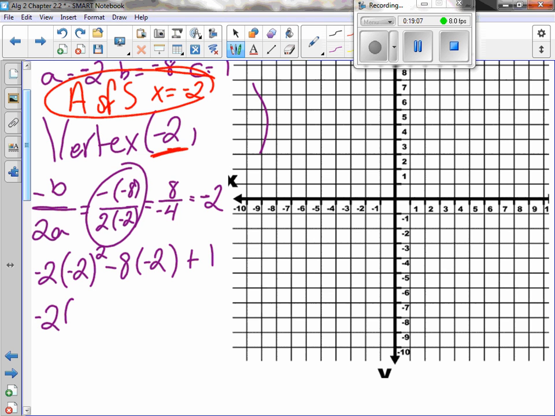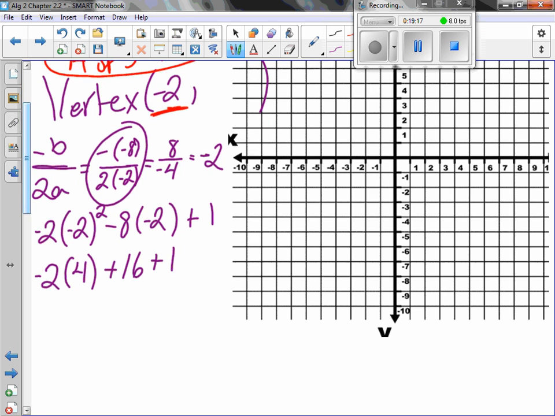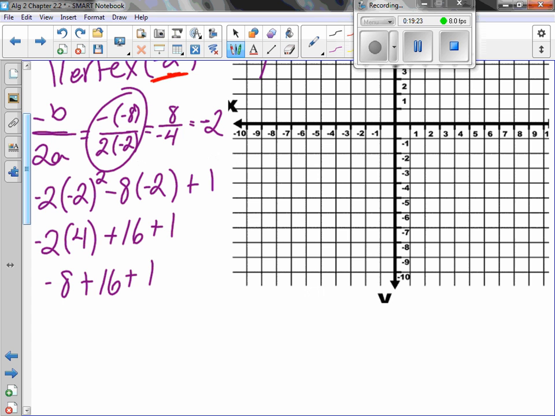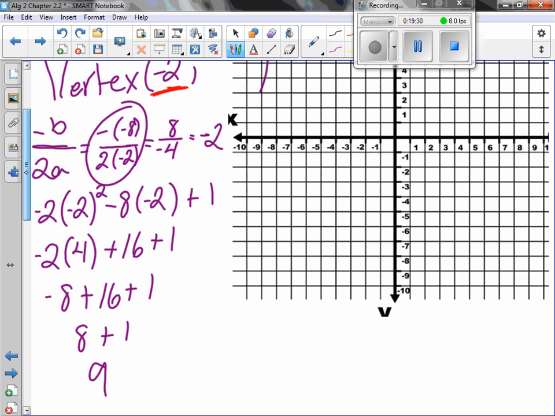Well, negative 2 squared is 4. Negative 8 times negative 2 is plus 16 plus 1. Negative 2 times 4 is negative 8 plus 16 plus 1. Negative 8 plus 16 is 8, plus 1 is 9. So the vertex is negative 2, 9.